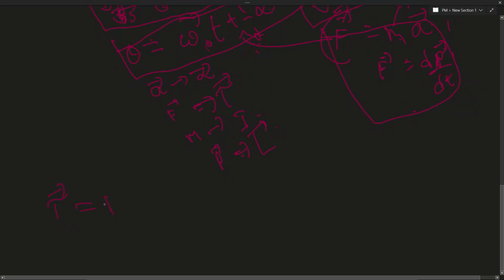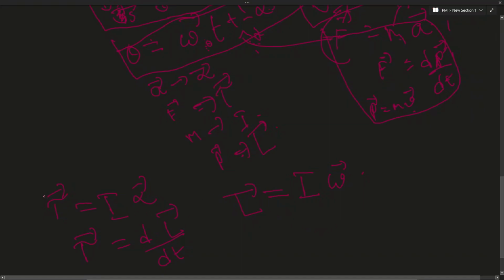Tau is equal to I into alpha because of this correspondence, and we should also get tau is equal to rate of change of angular momentum, and angular momentum from the linear relation P is equal to mv, we should also get something like angular momentum is equal to I into omega.